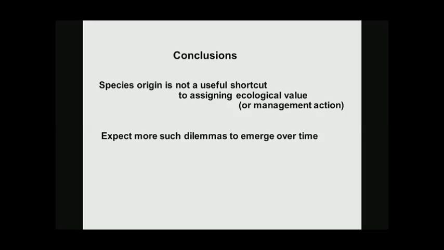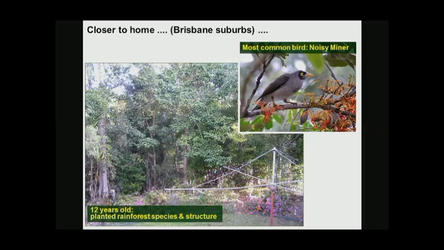And I've given you examples of some dilemmas, specific case history dilemmas. We can simply expect more and more of these dilemmas to emerge over time as the consequences of our changes to ecosystems play themselves out. Here's my favourite example, which is actually my own backyard in inner city Brisbane.